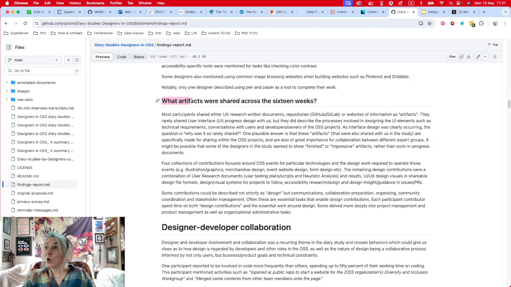This section is about what artifacts, and it's kind of a weird design term, actually. I don't know if this is used in other spaces, industries, but we tend to call stuff that designers make, or people make, artifacts. It's not always designers, but we tend to call them artifacts. So what artifacts were shared across the 16 weeks? These are things like documents or issue links or design files or graphics.